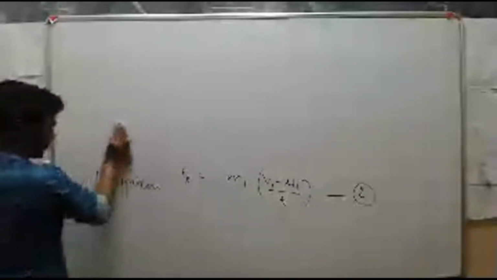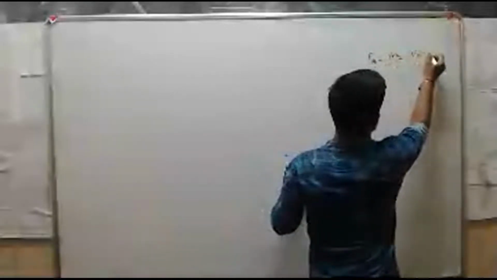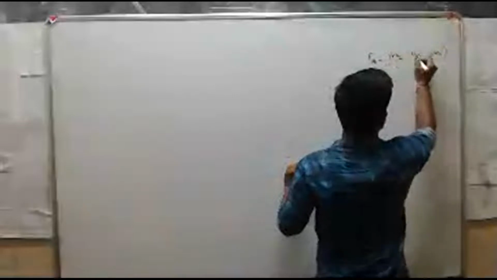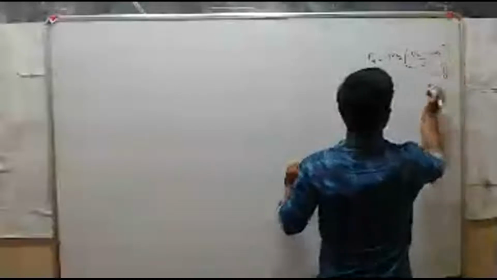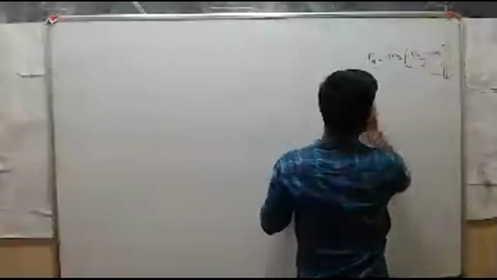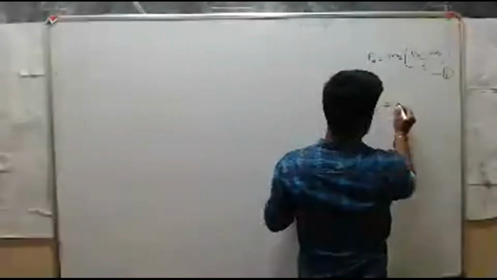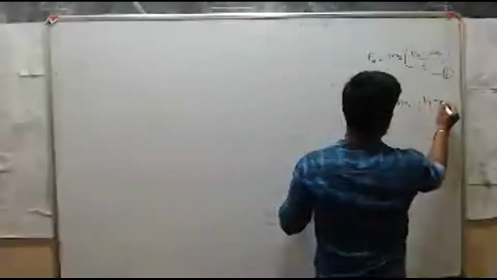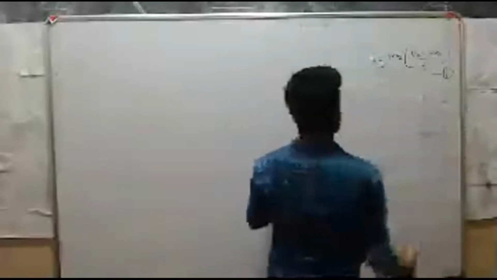FA equals M2 into (V2 minus U2) divided by time T. This is equation 1, and FB equals M1 into (V1 minus U1) divided by T. This is equation 2.